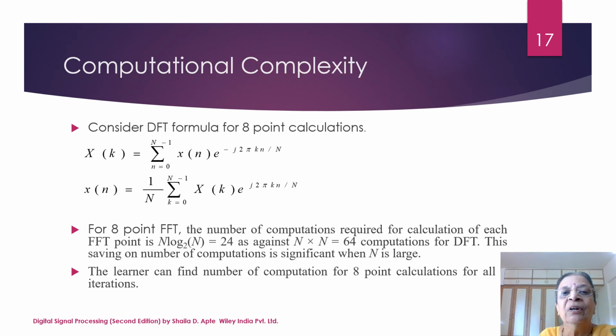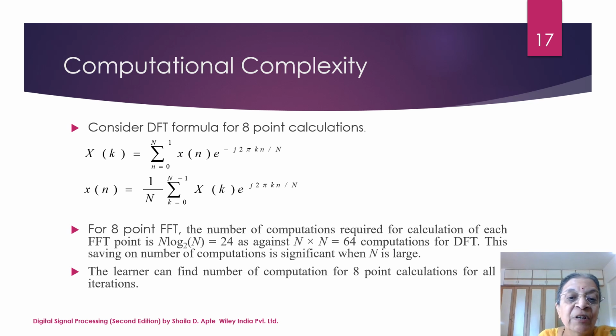Let us see how the computational complexity can be calculated. Now consider DFT for 8-point computations. For an 8-point DFT, we require roughly N into N computations, so 64 computations. But if we consider the computation of FFT, it will require N log N to the base 2.